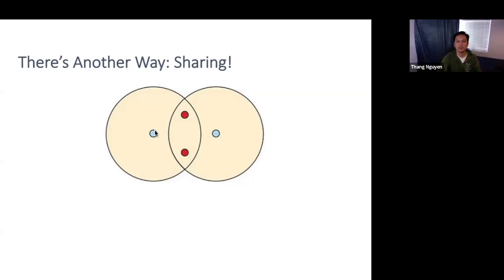If you take a look at this one, within his sphere, he sees only 2 electrons, which makes him happy because he has a duet. On the other hand, this hydrogen atom over here sees only 2 electrons in its sphere, so it is also happy with a duet. Because of this, we call these 2 electrons being shared between them. It wasn't given and taken completely, but just shared between 2 atoms.